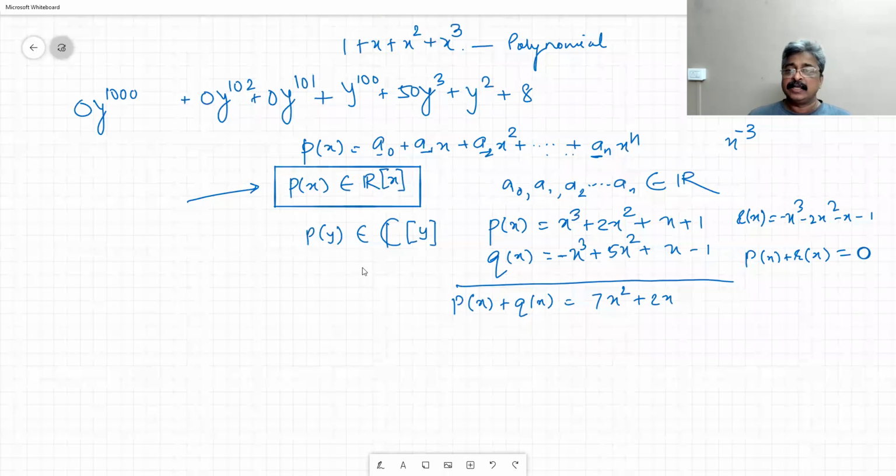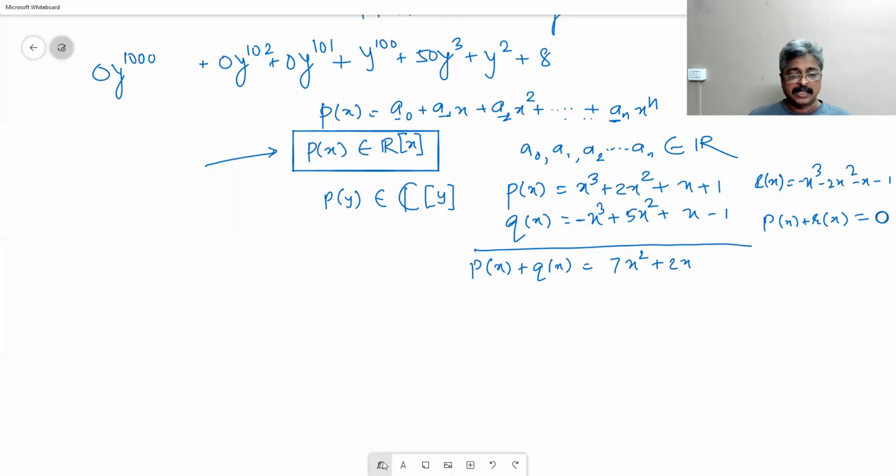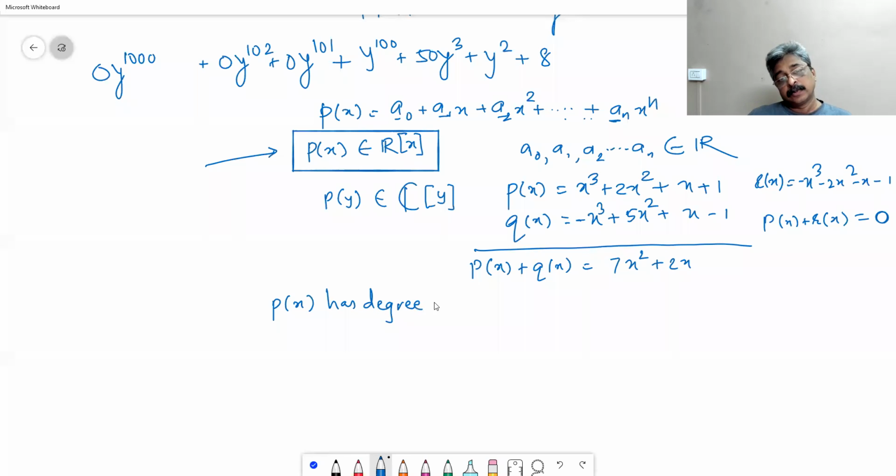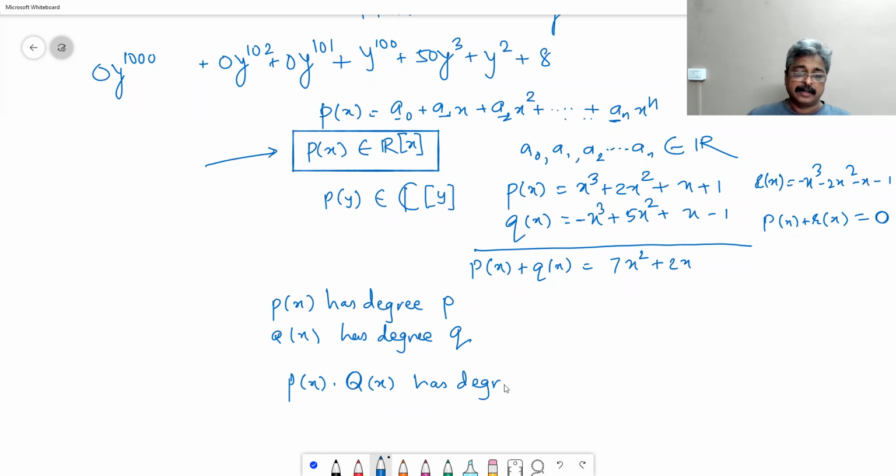Then a similar question can be asked about products. P of x has degree P, Q of x has degree Q. Then P of x into Q of x has degree, you said, equal to P plus Q. That is what you said.